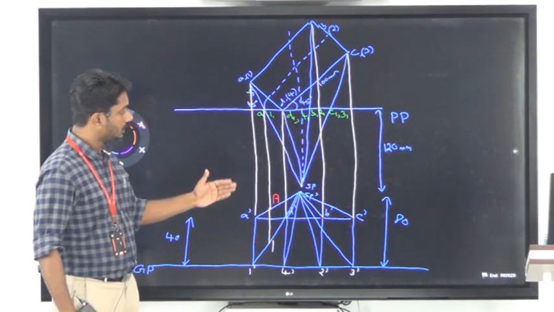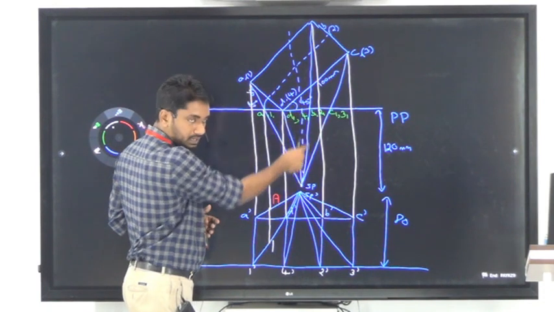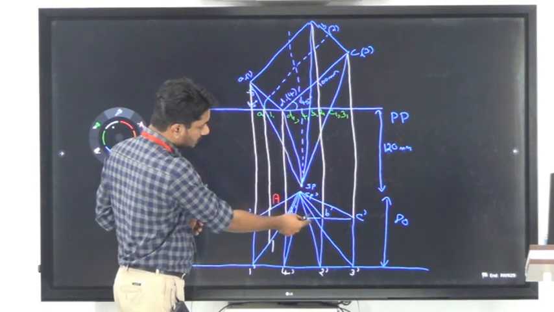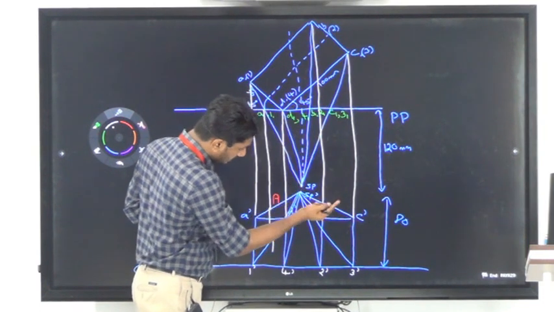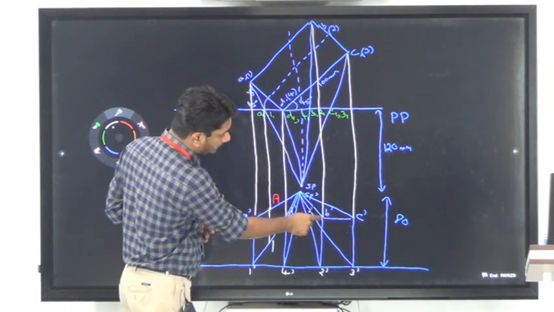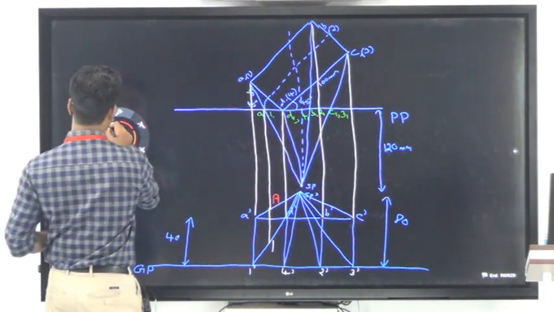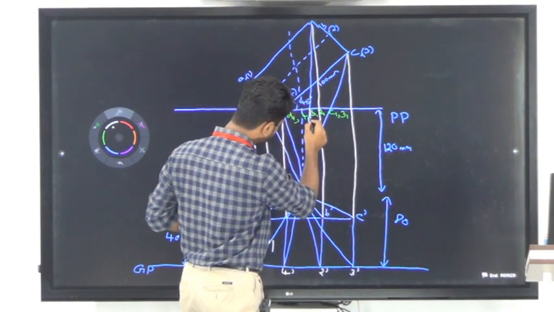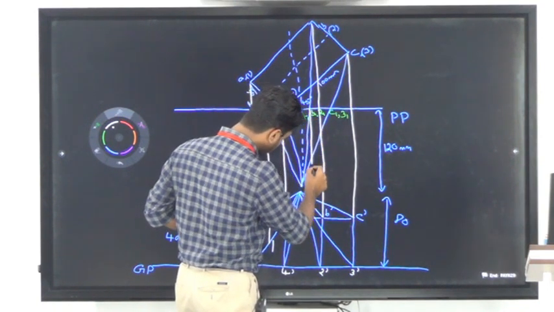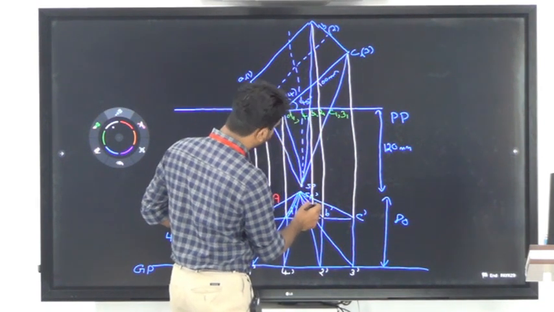To get the point B, you have to draw a perpendicular from the point B1. It will meet the line joining SP dash and B dash at the point capital B. So this is the point capital B.